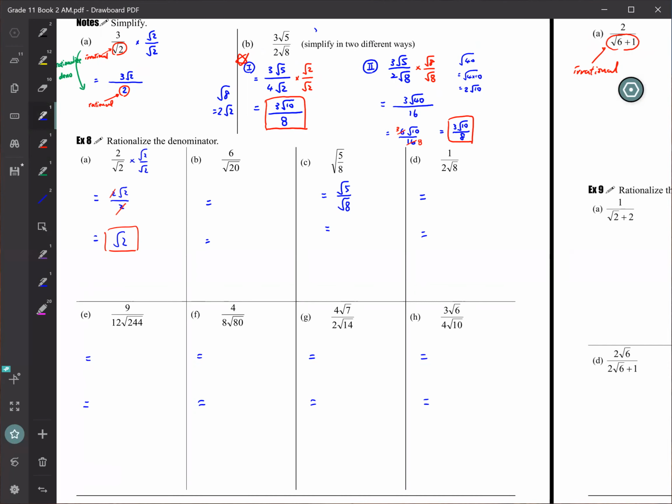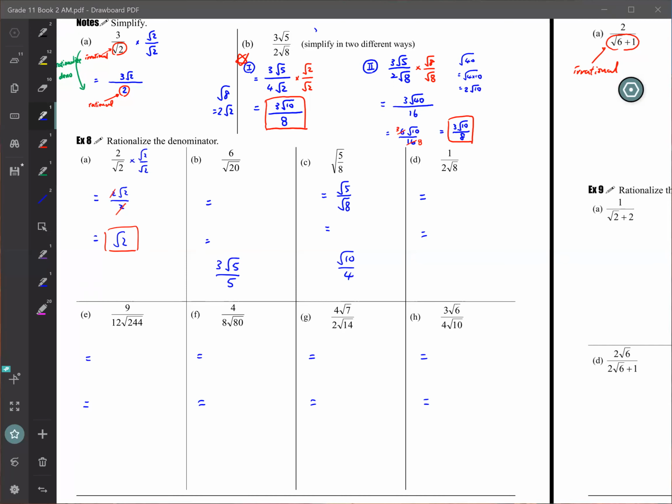All right, Brendan, what's your final answer for B? Final answer, I got 3 root 5 over 5. Okay. And Colin, C? I got root 10 over 4. Nathan, question D?